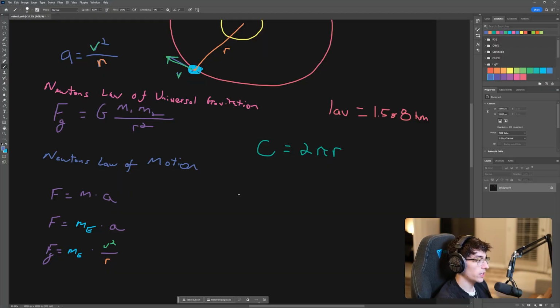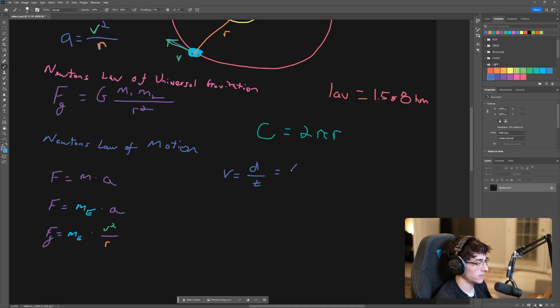Nice. Again, we know that the speed is equal to the total distance over the time it took you to travel that distance, right? Also known as the change in your distance, we're going to use x for distance here, over the change in time.